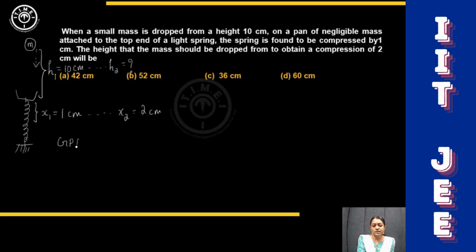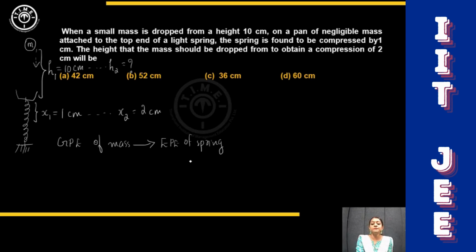The gravitational potential energy of the mass is actually getting converted to, yes, elastic potential energy of the spring, because when the mass is falling on the spring, it is getting a compression. That means the gravitational potential energy stored in that mass is getting converted to elastic potential energy in the spring.